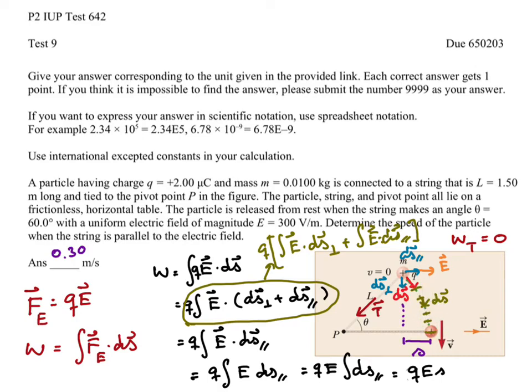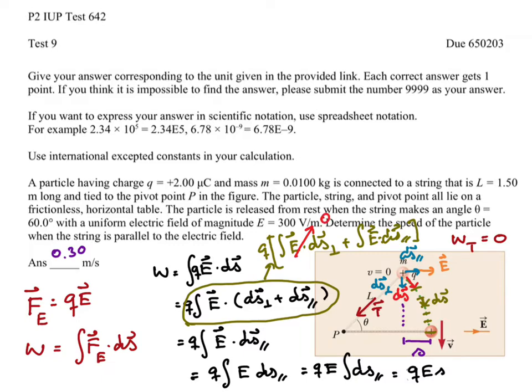So when we calculate the work done by the tension, which is the integral of tension dot ds, but tension dot ds is 0, we have Wt, the work done by the tension, equal to 0. For the same reason, we can see that this component of the integral, E dot ds perpendicular, will equal 0, because ds perpendicular is perpendicular to E, so we have the term equal to 0.